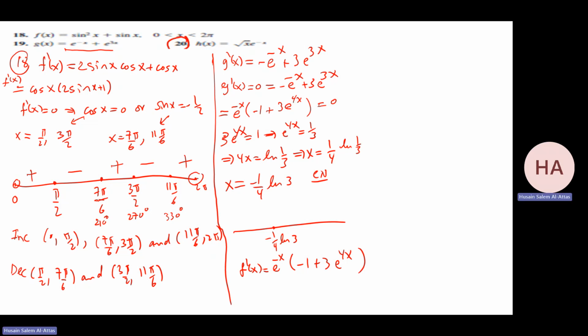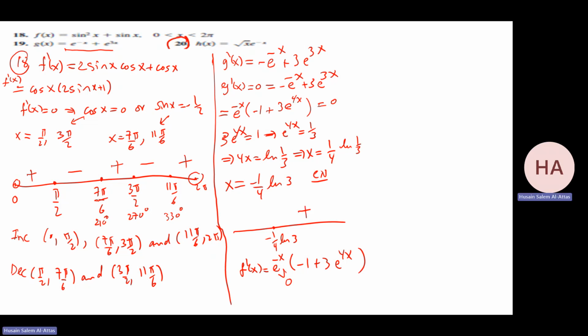Now to check this. This is always positive. Nothing to worry about. Here, I can take 0 on this side. Easy. Take 0. If you take 0, you have 3 minus 1, which is 2, which is positive. So this is positive.